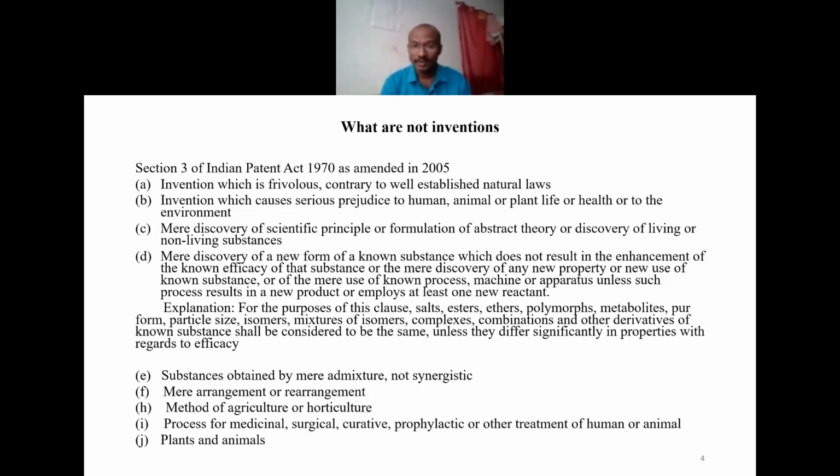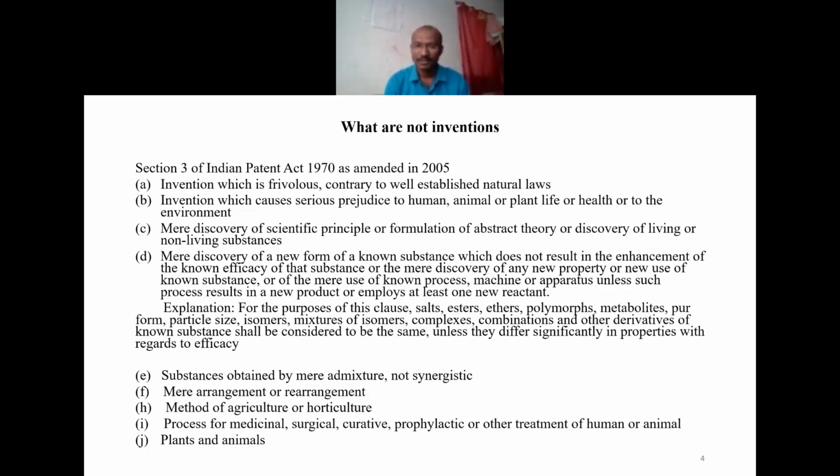Or the mere discovery of any new property or new use of a known substance, or the mere use of a known process, machine, or apparatus, unless such process results in a new product or employs at least one new reactant, only then can it be patentable.